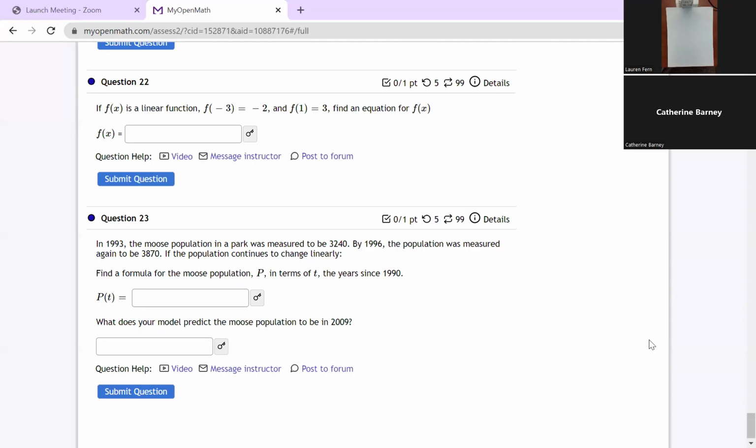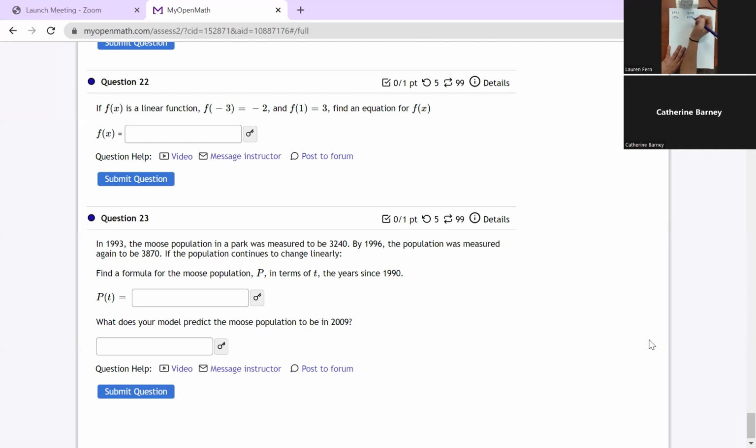All right. So here we go. I'm going to write down the relevant information on this sheet of paper, and then I'll stop sharing my screen so you can see my sheet of paper. We're told that in 1993, the moose population was 3,240, and in 1996, it was measured to be 3,870.